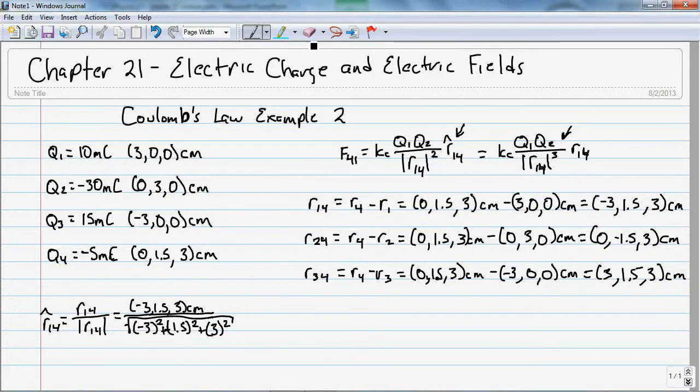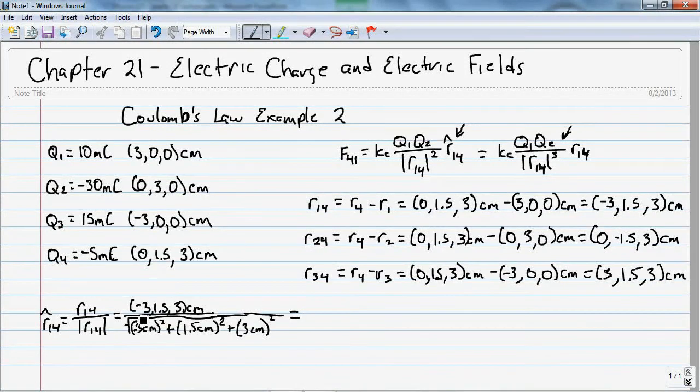I forgot to put in my units, because it's very important. The unit vector should have no units, and if you notice, my units cancel out because I'm going to have centimeters squared under the square root. That just gives me centimeters, and then centimeters in the numerator.